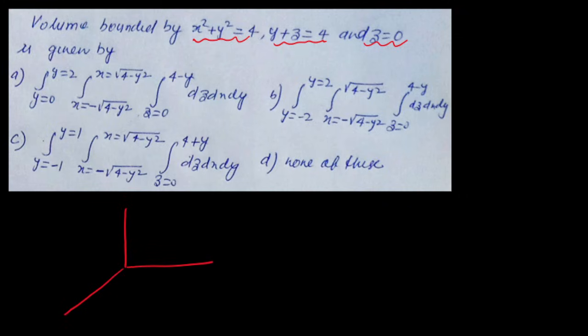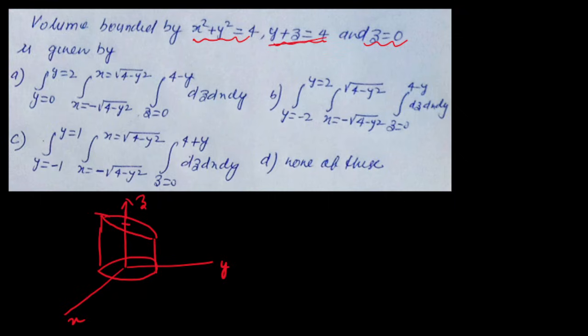Let me call this axis as y axis, this axis as x axis, and this axis as z axis. So x square plus y square is equal to 4 basically is a cylinder, right? Let me draw the region, and this cylinder is like this. I will explain why I have drawn the cylinder like this, because it is being intersected by the plane y plus z is equal to 4.